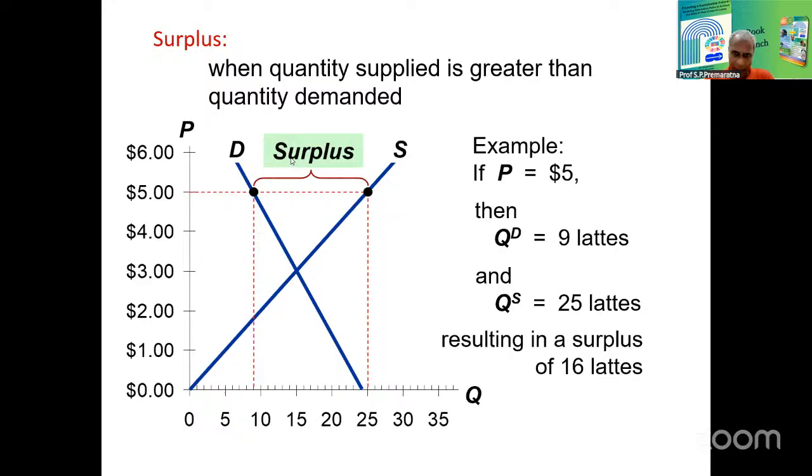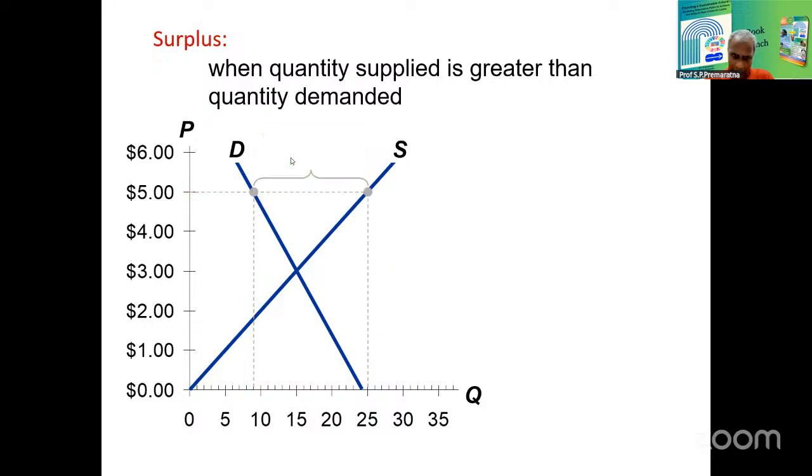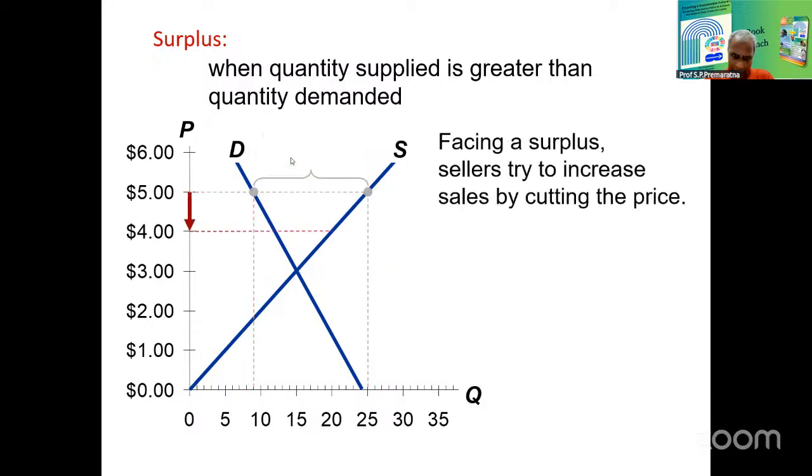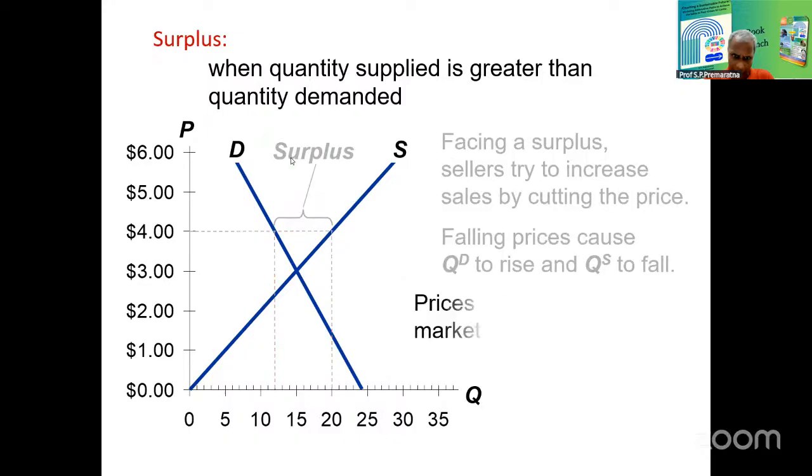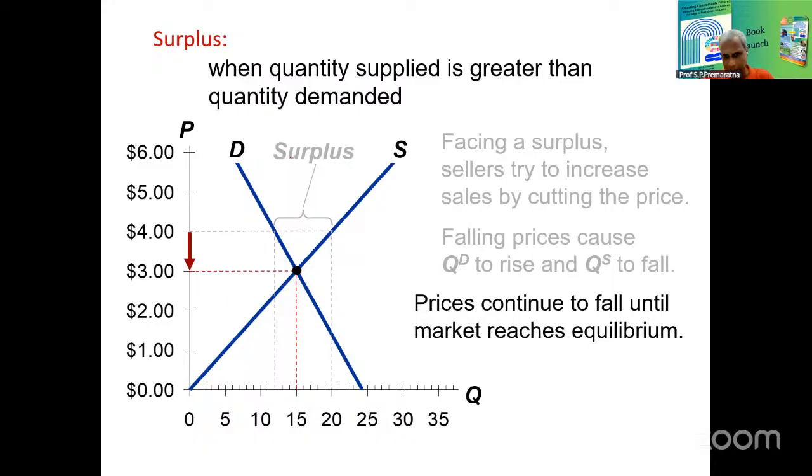So the market has a surplus, and suppliers want to sell everything somehow, so they reduce the price, and the price goes down gradually, ultimately coming back and settling at the equilibrium price.